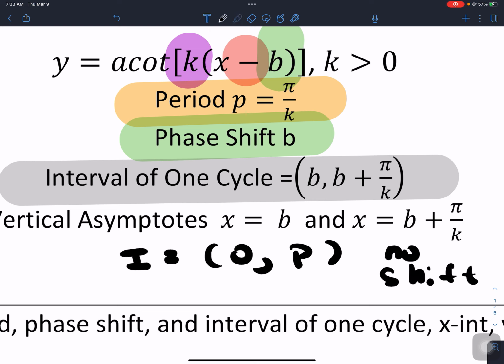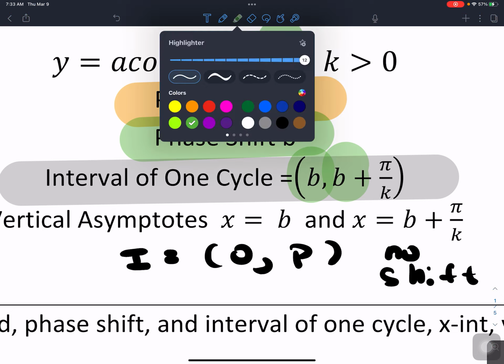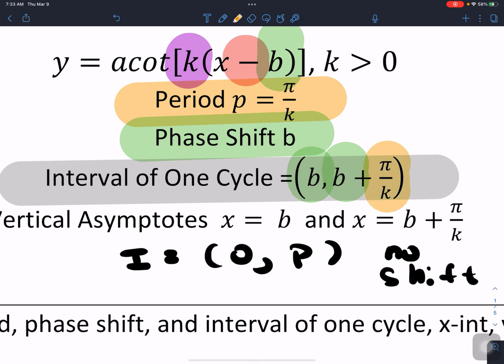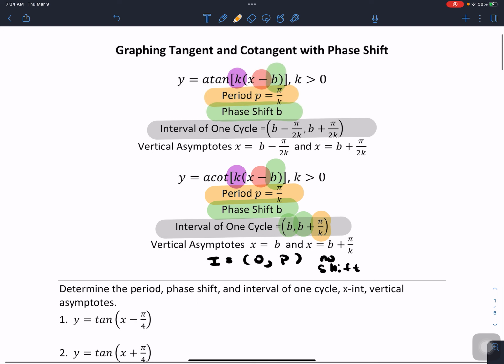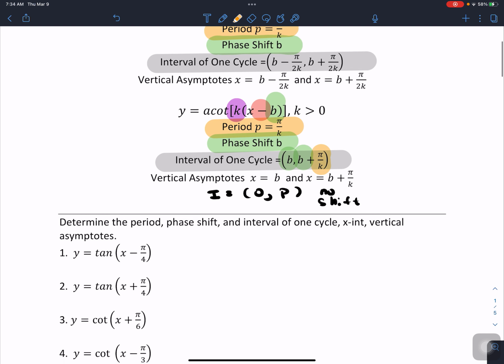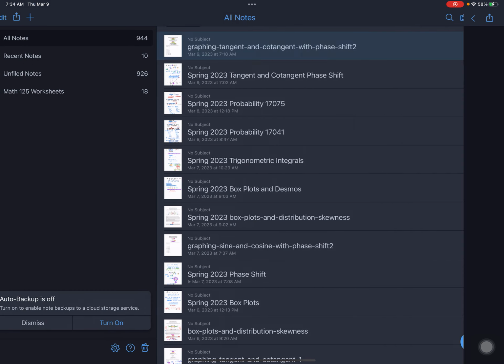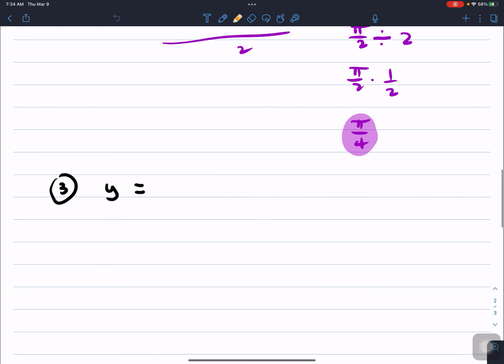But because you have a phase shift value of b, b is going to be involved. That's the phase shift, and it's going to be b to b plus p. So with a phase shift of b, we have a different interval of 1 cycle. So this is cotangent of x plus pi over 6, number 3.